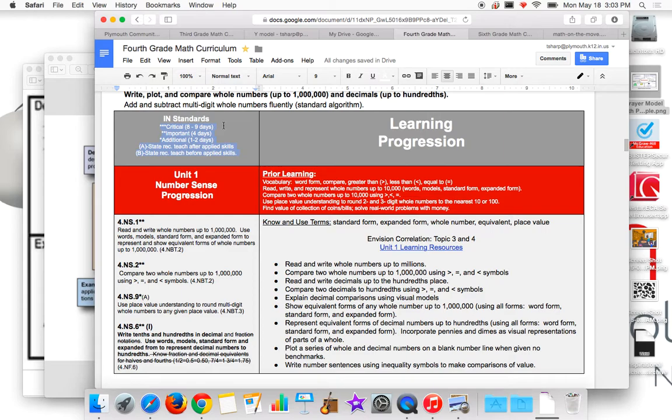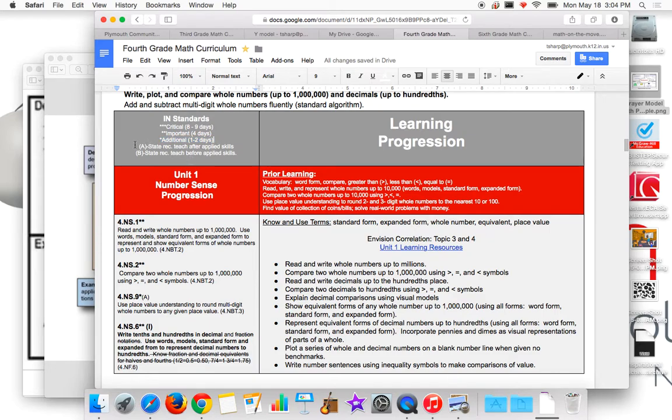And that's what you see here. So on the DOE documents, you'll see check pluses, which is now in our documents critical. That'd be a 3-star. A check is indicated on the state documents as important, and ours will be indicated by 2 stars, and a 1-star is additional.